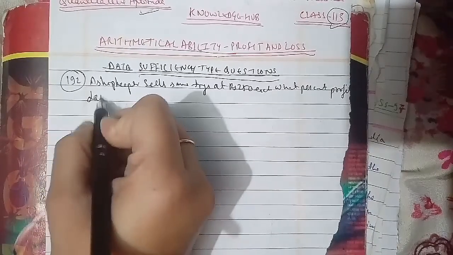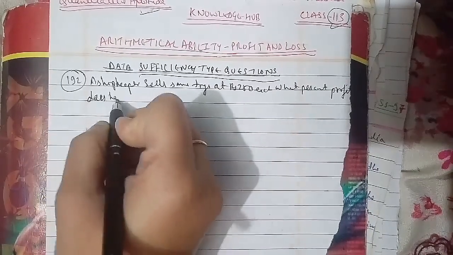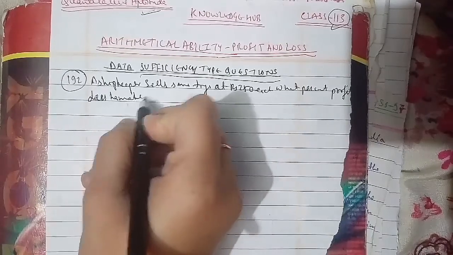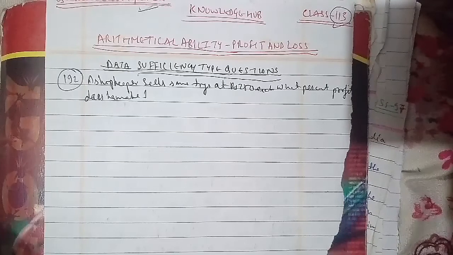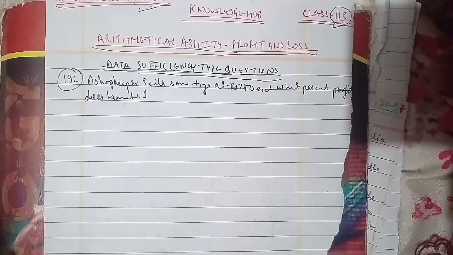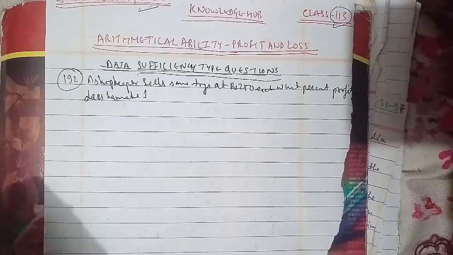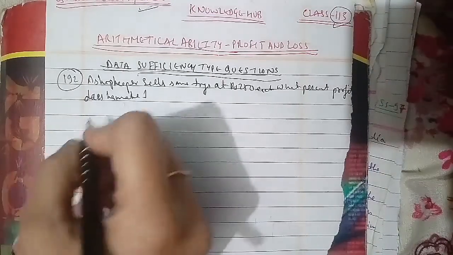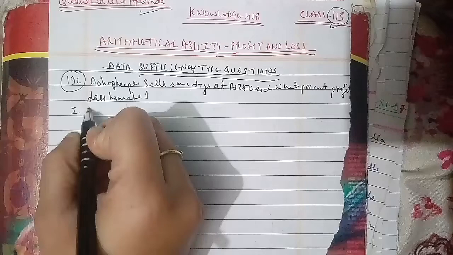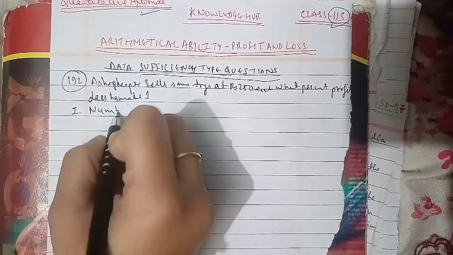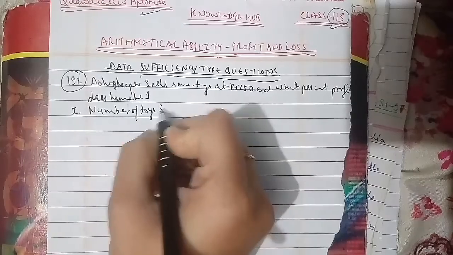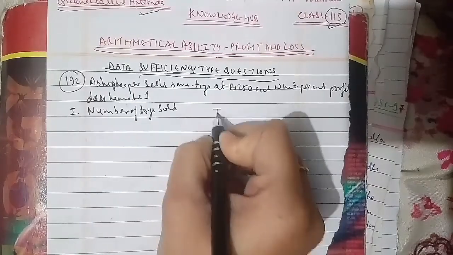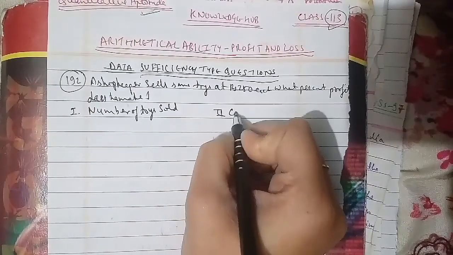You have to find which of the following information given in the statements is or are necessary. The first statement is the number of toys sold, and the second is the cost price of each toy.